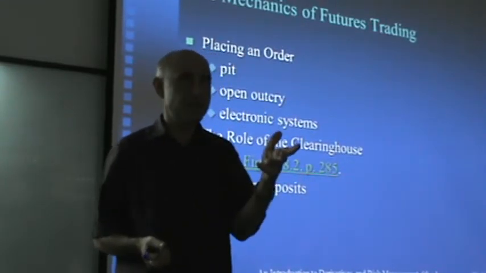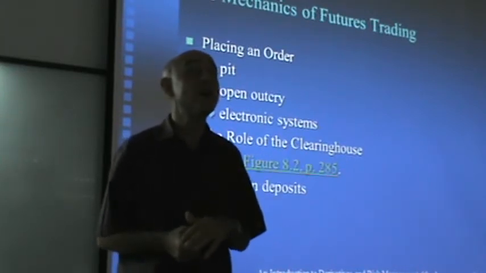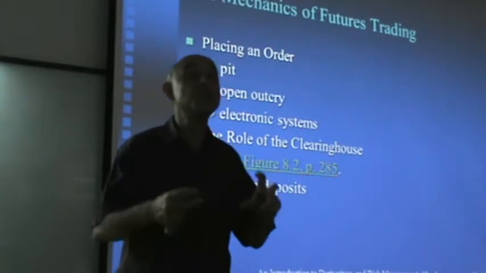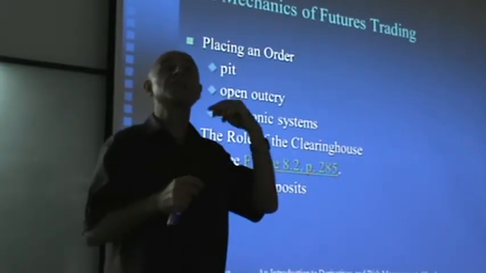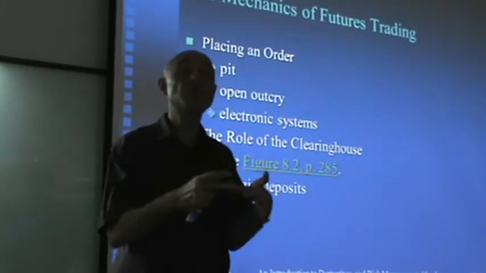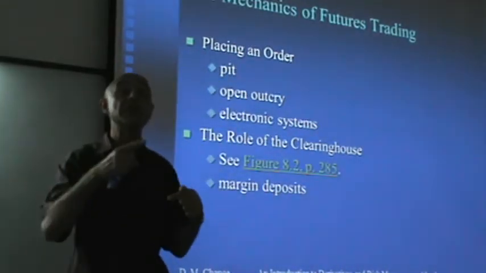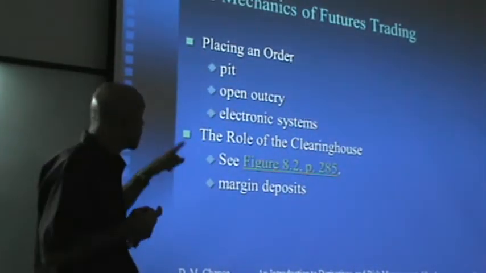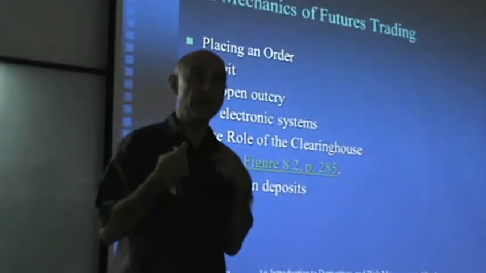Most students on the midterm incorrectly told me that the role of the clearinghouse is to match buyers with sellers. No, this is the role of the exchange. The role of the exchange and the pit is to match buyers with sellers. Okay, the clearinghouse is the counterparty.